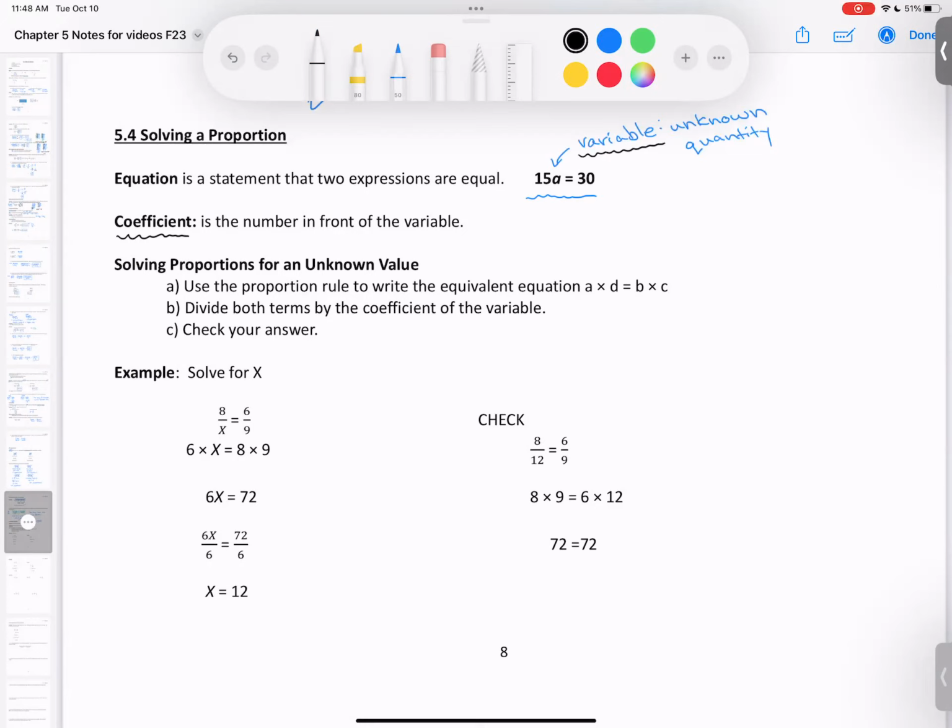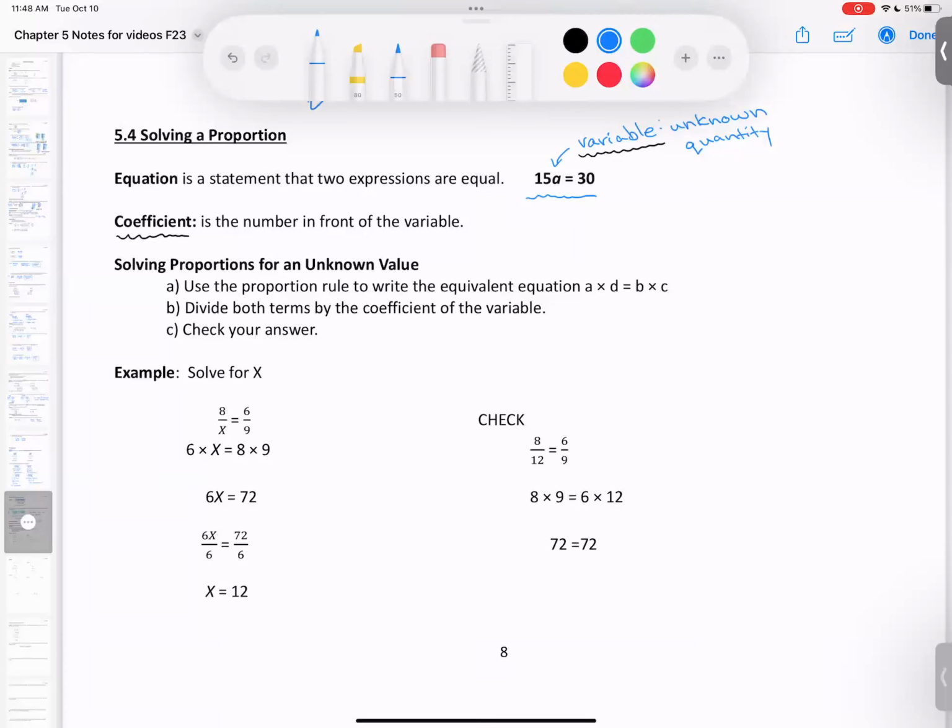So when we go to solve proportions where we have an unknown value, first we're going to write ourselves an equation. Based on what we know, we're going to use the proportion rule and write that equation. Then we're going to divide both terms by the coefficient, and then we're going to check our answer.